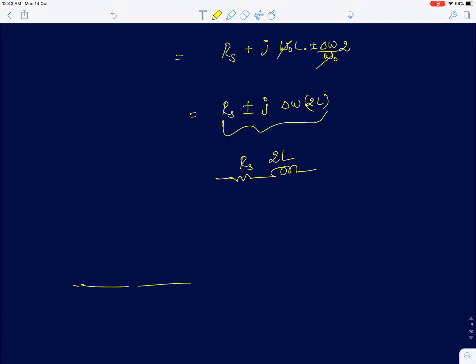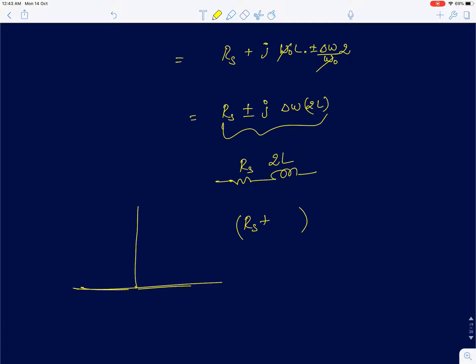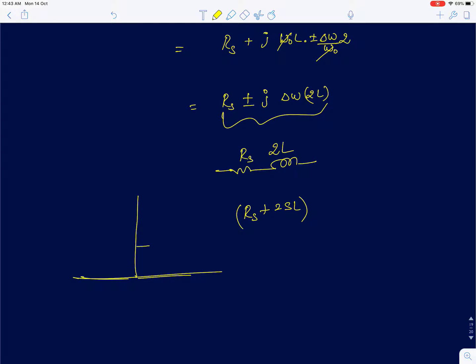So for example, if I were to plot the frequency response of a circuit of simply a resistor and inductor in series, we know that its impedance is Rs plus 2sL. So this circuit has just one zero. If I plot the impedance, at low frequencies it is Rs, and then it's going to blow up to infinity as you keep increasing the frequency on either side.